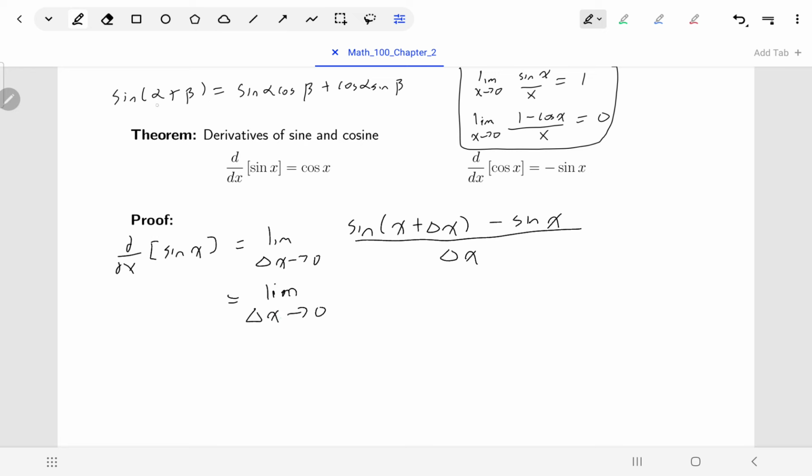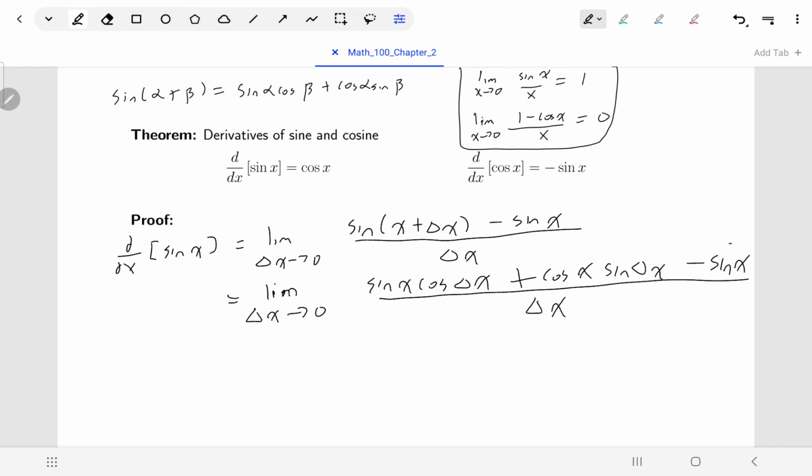Instead of that, I'll have sine of x cosine delta x plus cosine of x sine of delta x, and then a minus sine of x at the very end.